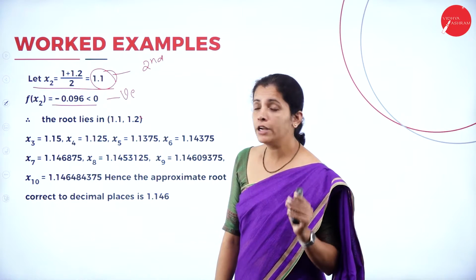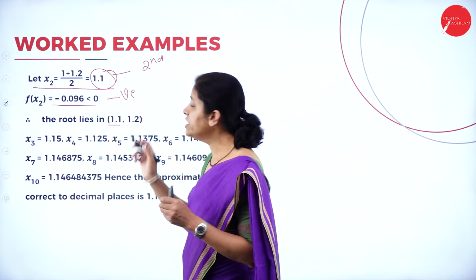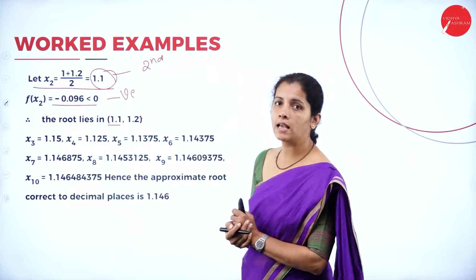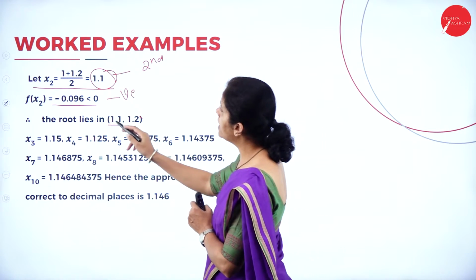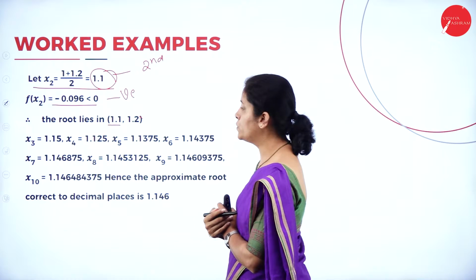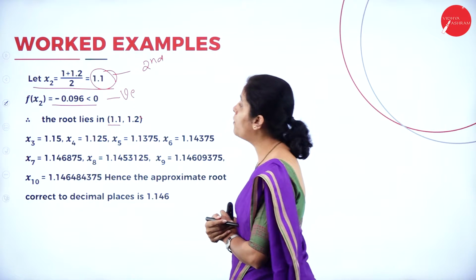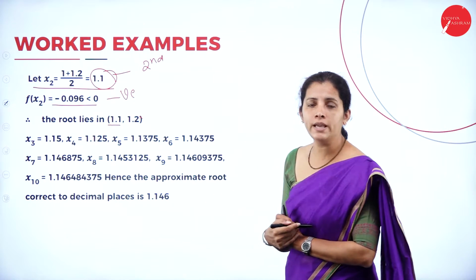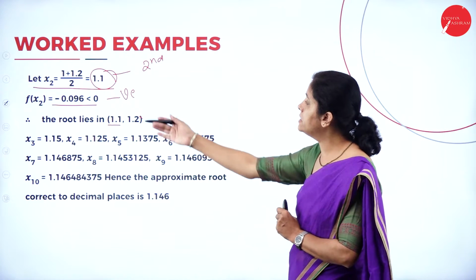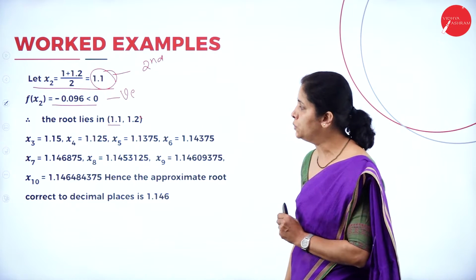So if it is a negative number, I want to change A and B remains as it is. So what is A now? That is my x2. What is x2? That is 1.1. And what about B? B remains as it is, that is 1.2.